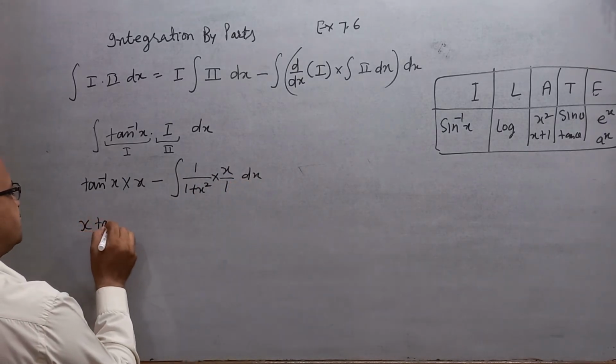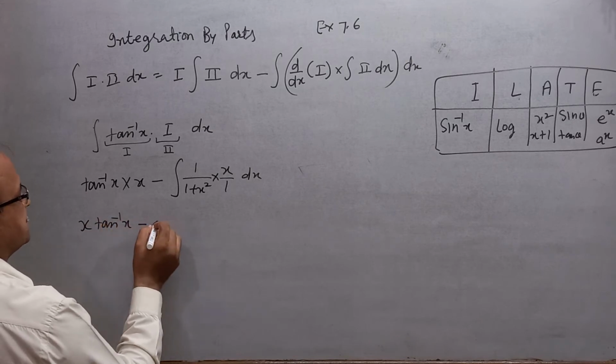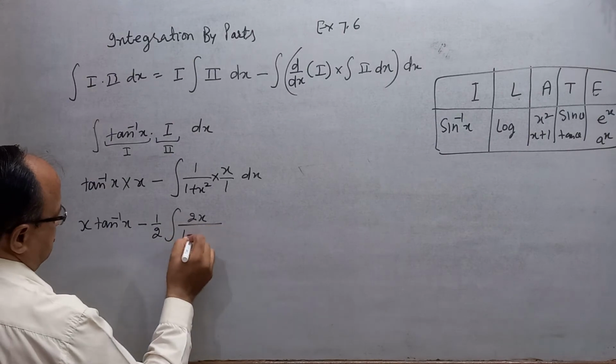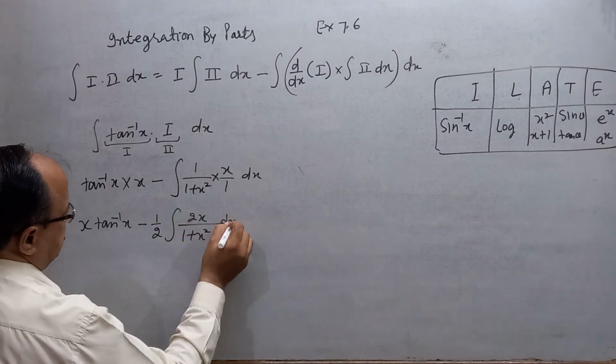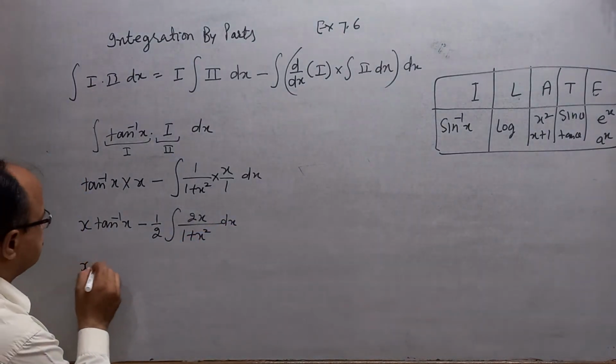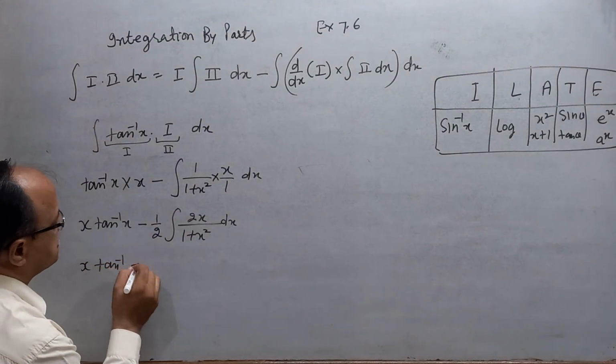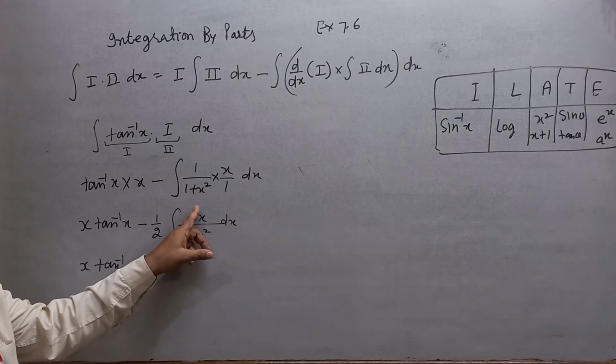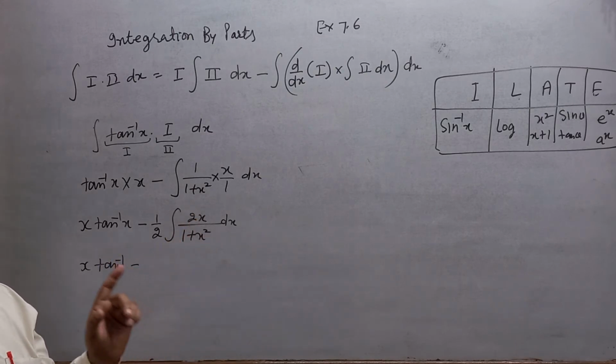This is x tan inverse x minus, multiply and divide by 2, 2x upon 1 plus x square dx. You know that the derivative of 1 plus x square is 2x, and 2x is present in the numerator.